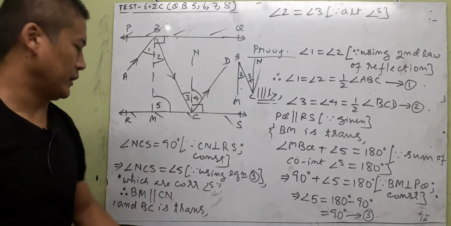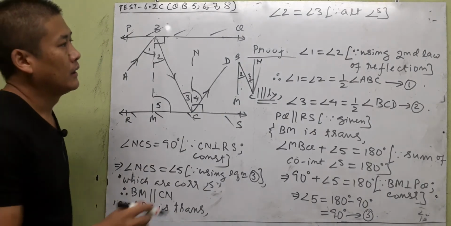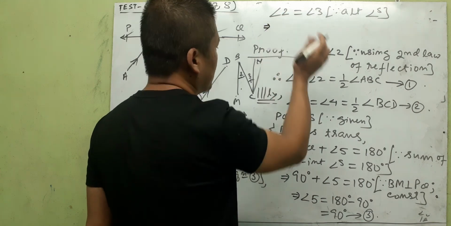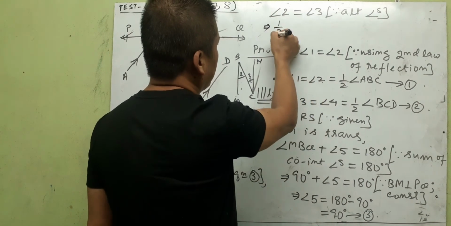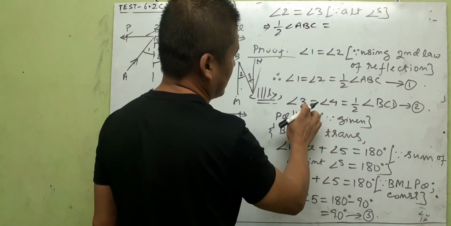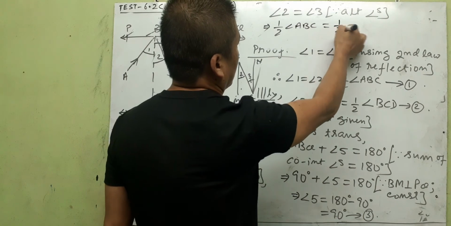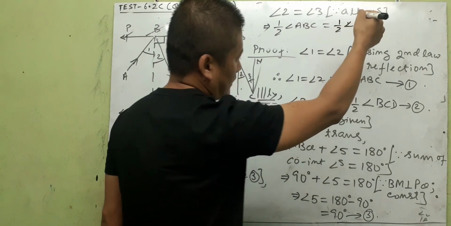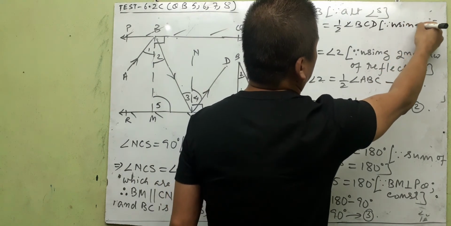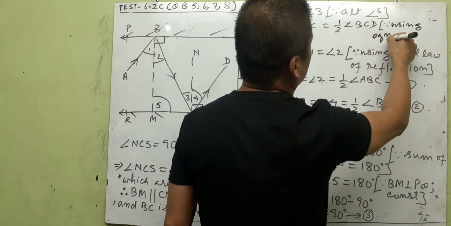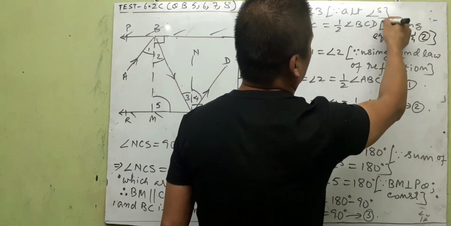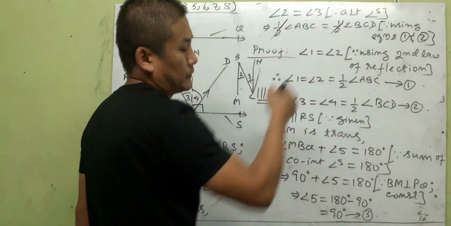So the alternate angles will be equal because the lines are parallel. So therefore 2 we can replace by half angle ABC, equal to 3 which can be replaced by half angle BCD, using equations 1 and 2.